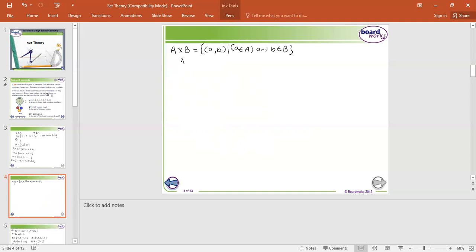Here in Cartesian product, A cross B and B cross A are not equal. So we will see one example.